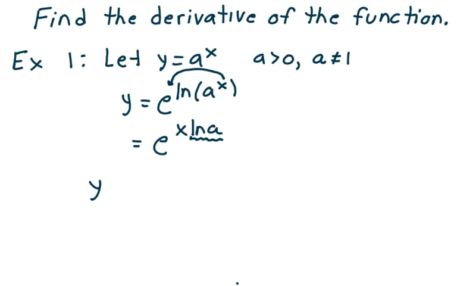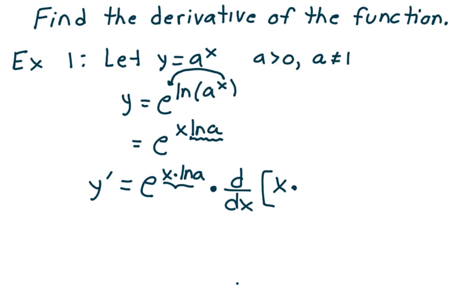And so when I want to look at y prime, I'm going to take e to the x times ln a, but I'm going to multiply by the derivative of that inside function, which is x times ln a. And so this is e to the x times ln a.